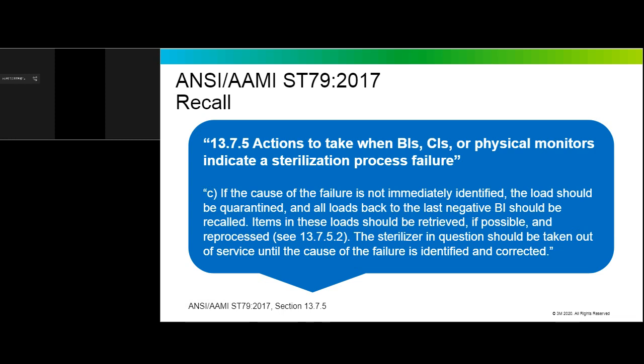Avoiding having to recall and reprocess multiple days' worth of work is enough reason for many folks to monitor frequently. As we saw in the poll, almost 50% of you were choosing to monitor every single sterilization cycle, and avoiding these recalls is a big reason that people choose to do that.